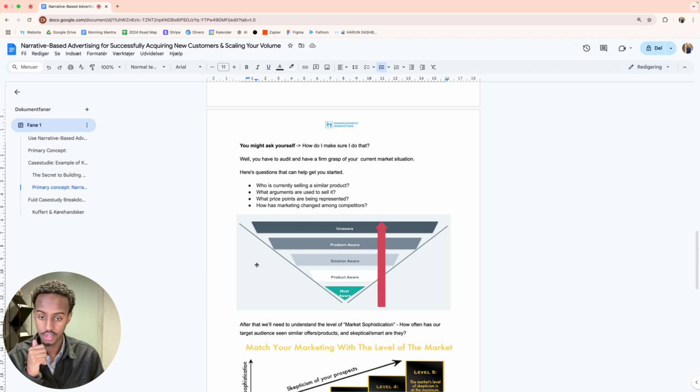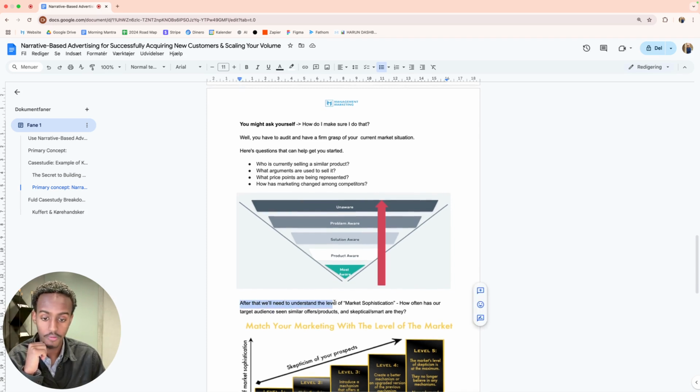And if you can essentially make advertising that resonates with the people on an unaware and problem aware stage, you will have an easier time, a lot easier time to essentially scale your advertising efforts, because most people are kept back because they don't understand how to advertise successfully at a higher level of awareness, because it's the most difficult level of awareness to essentially advertise to.